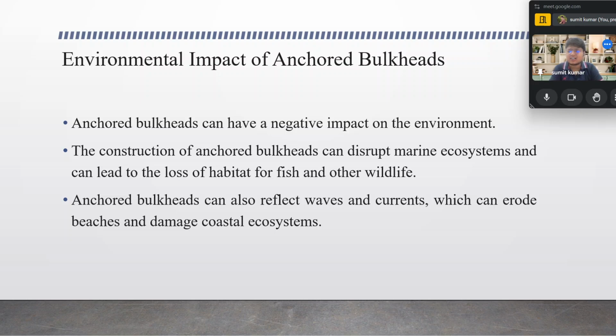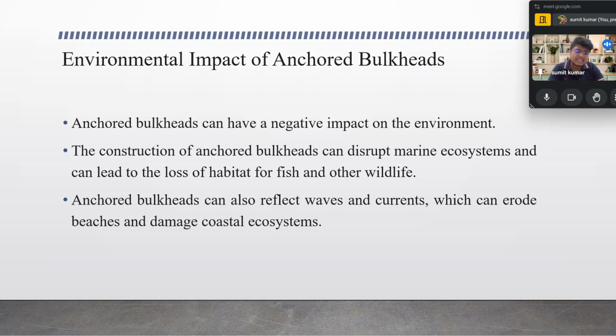So, what are the other impacts which anchored bulkheads could create? We are going to see that. The anchor bulkhead can have a negative impact on the environment: the construction of anchor bulkheads can disturb the marine ecosystem and can lead to the loss of habitat of fish and other wildlife, as I already said.